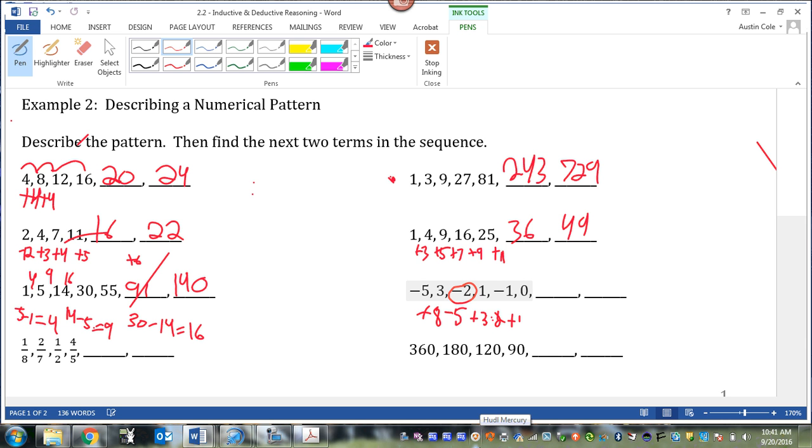What's 3 minus 2? What's -2 plus 1? Interesting. 1 minus 1? 0. How about 0 minus 1 then? -1. And 0 minus 1 again, -1.